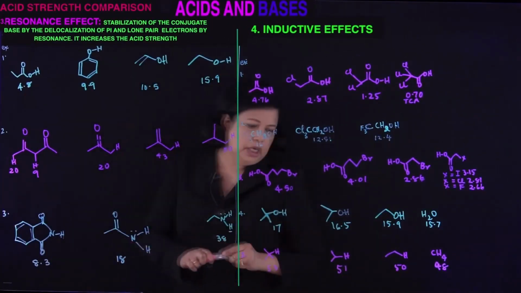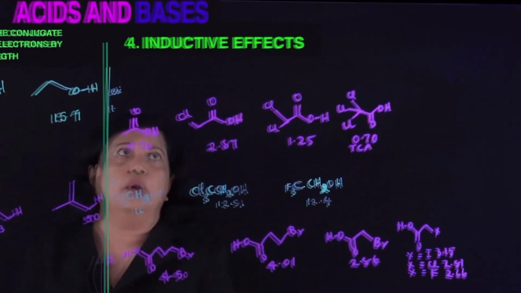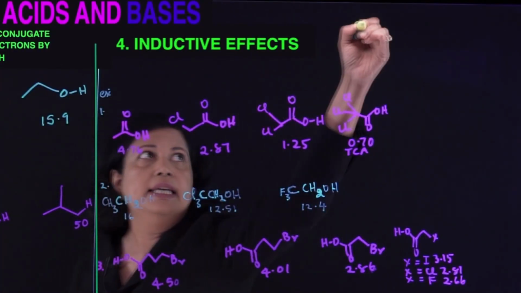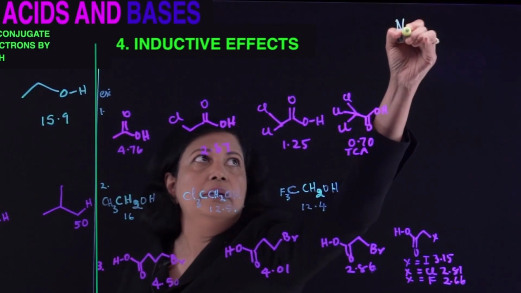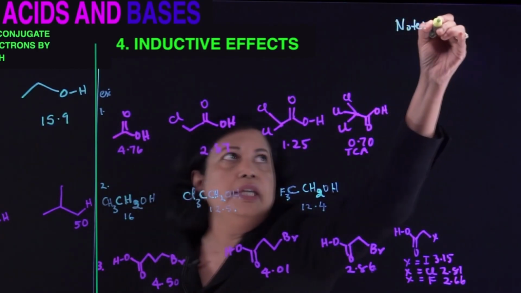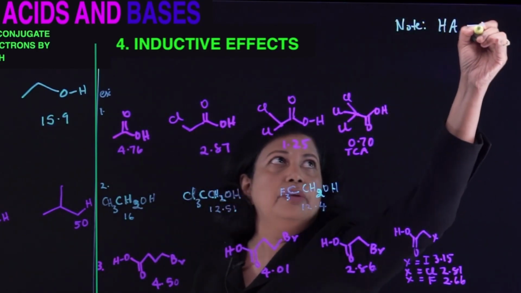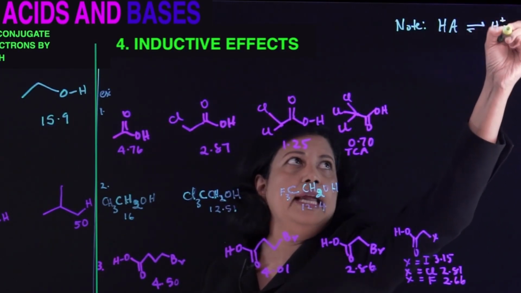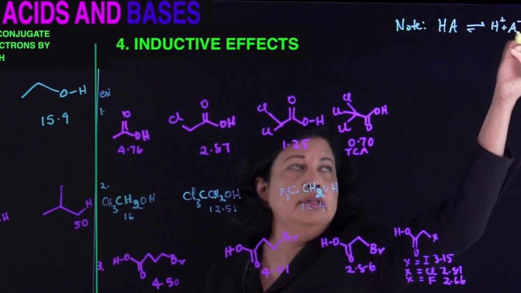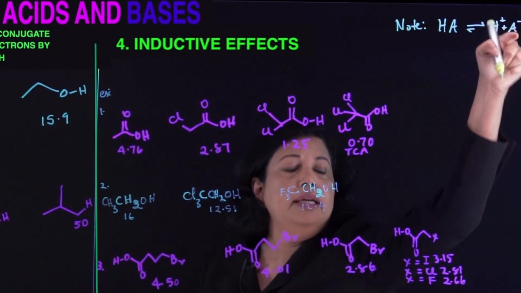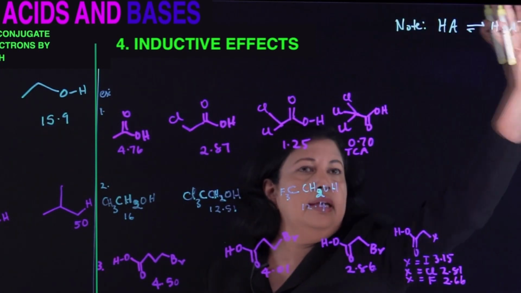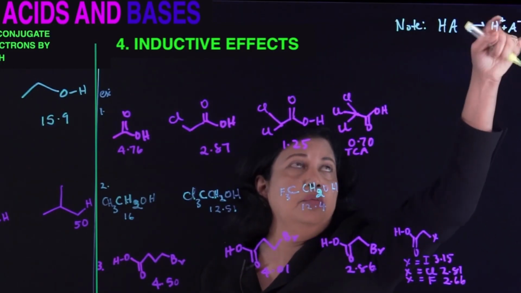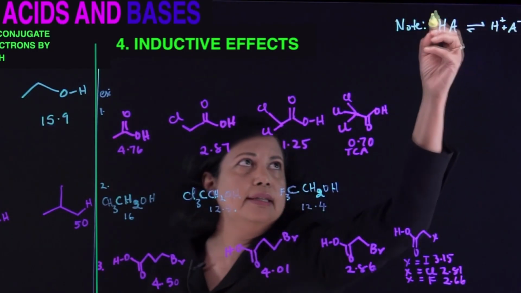And we already talked about that very important concept that if you have an acid, HA will go to the right more if you have an A minus that is stable. If A minus is stable, equilibrium will shift right, and as a consequence, you will get more and more H plus.